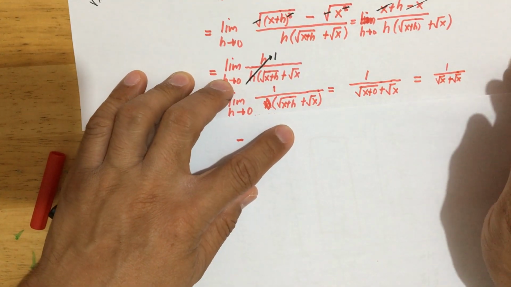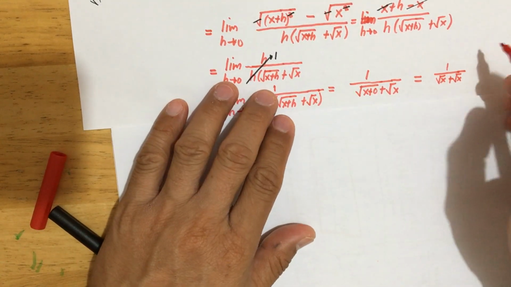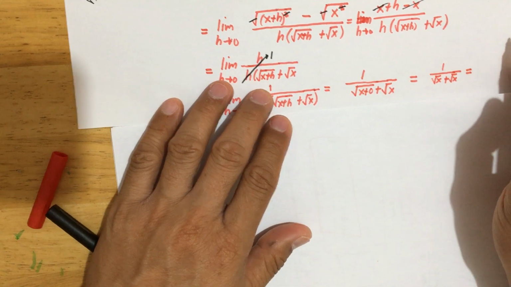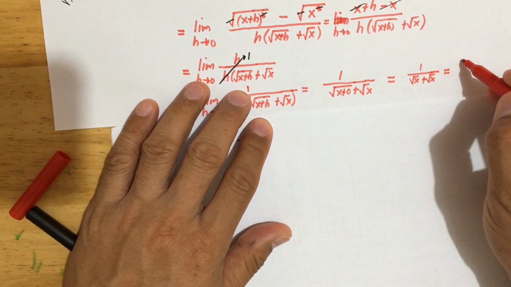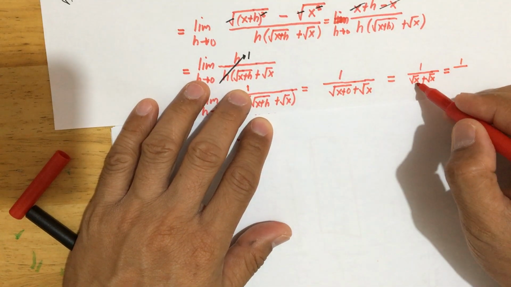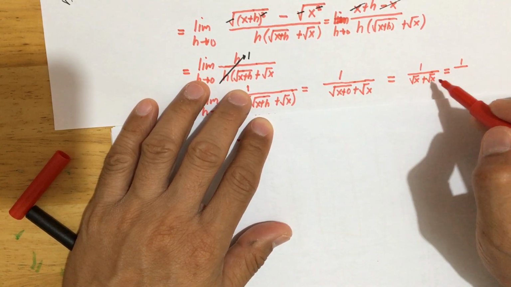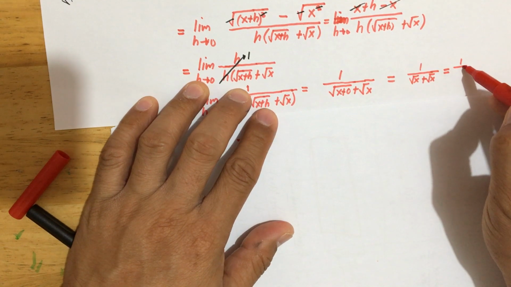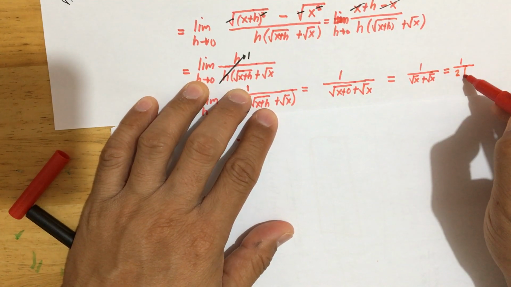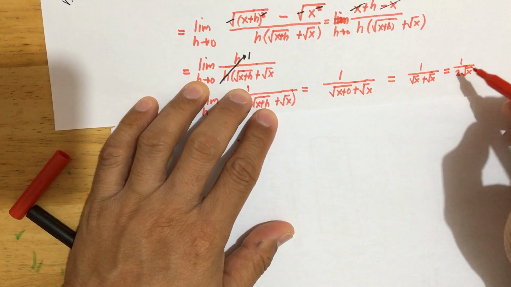So we have 1 over the square root of x plus the square root of x. So 1 square root of x plus 1 square root of x gives 2 square root of x.